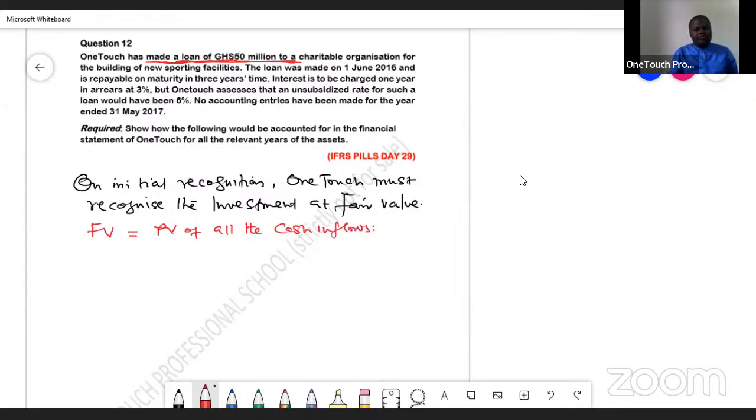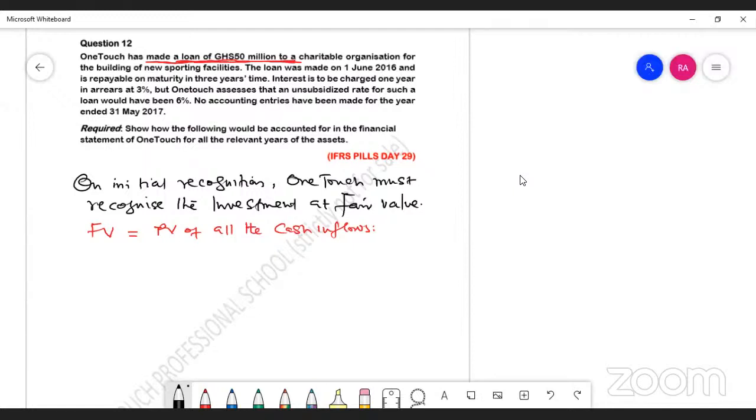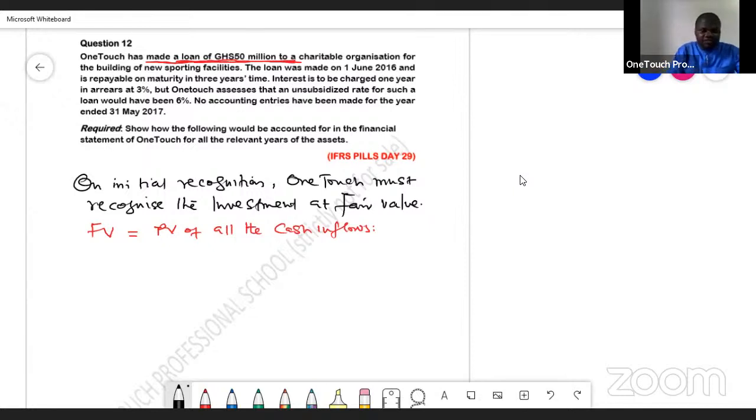If you are using the formula, then you apply your 3% on the 50 million. How much will you get? 3% on 50 million, you get how much? Damn, you are not helping me again. So that is 1.5 million.